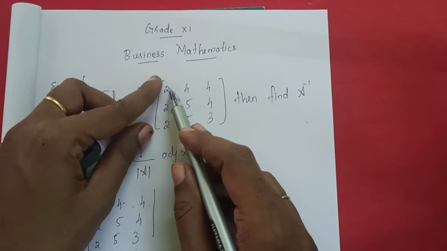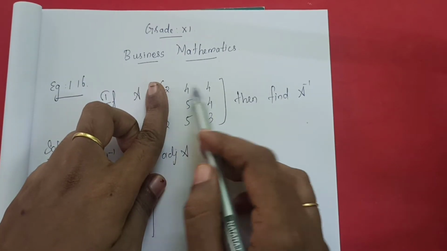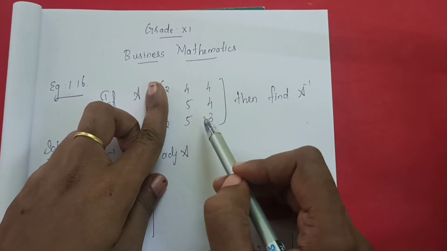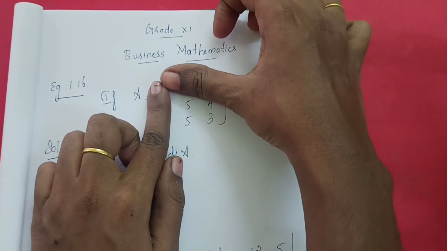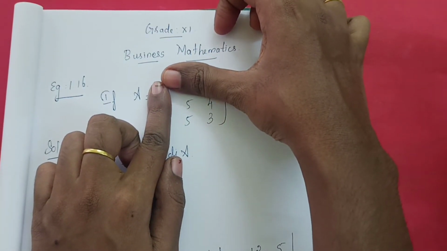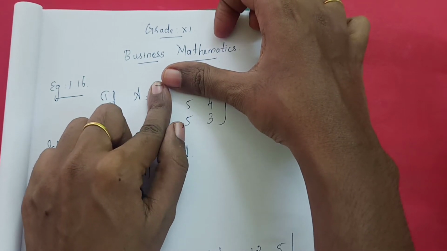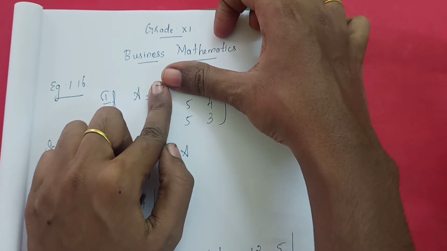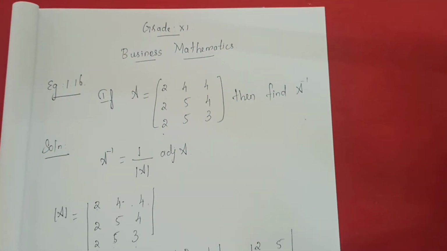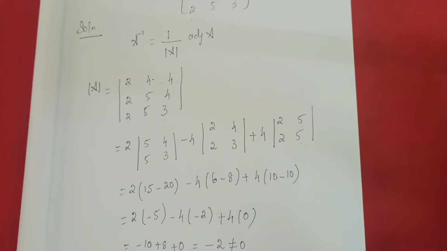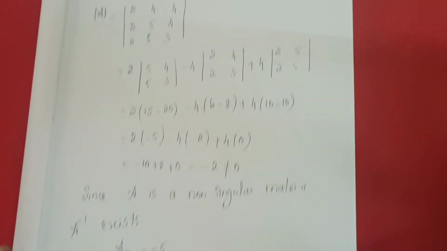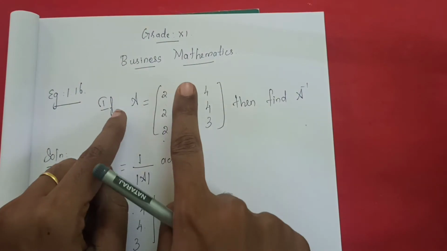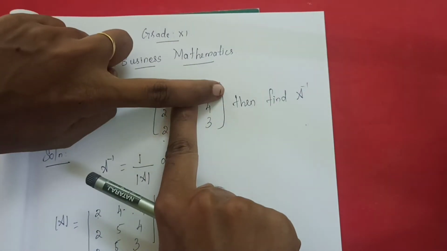For A11, this particular column and this row will go, so 5 into 3, you can hide like this using your fingers and then find it out. 5 into 3 is 15, minus 4 into 5, which is 20. So 15 minus 20 gives minus 5. Like that you can do it by mental calculation itself. Then for the next one, this particular column and this row we will cancel.